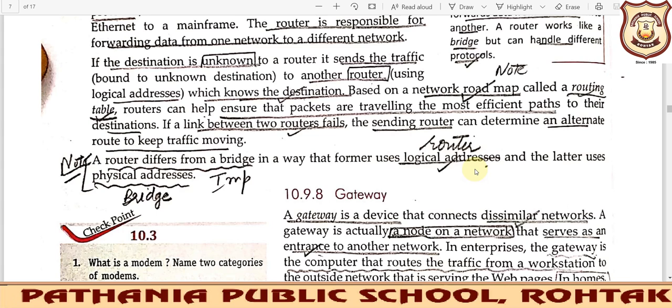This is the address given to you for working on the internet. The physical address remains fixed, because a MAC address cannot be changed, but the logical address keeps on changing.